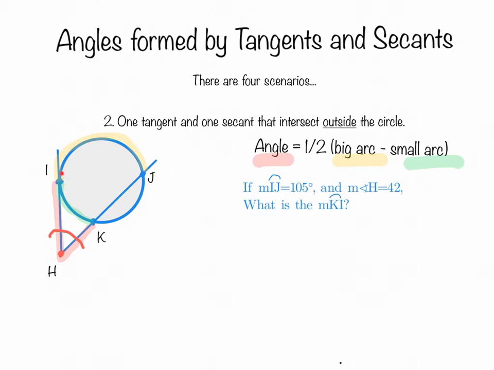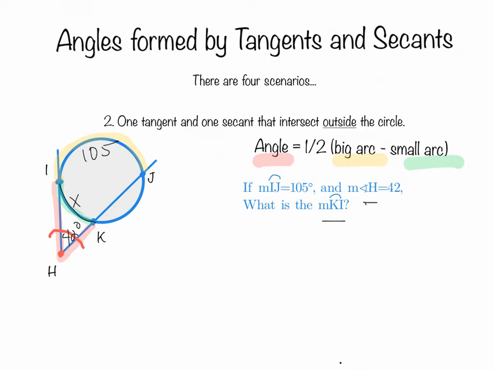So this is I straight to J. So the big arc is 105. And angle H is 42 degrees. So here's H, and that's 42 degrees. And we want to figure out what the measure of arc KI is. So from K to I is our X.